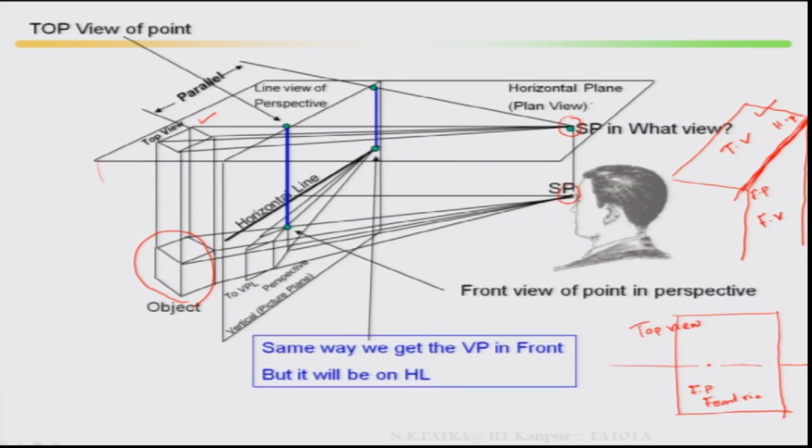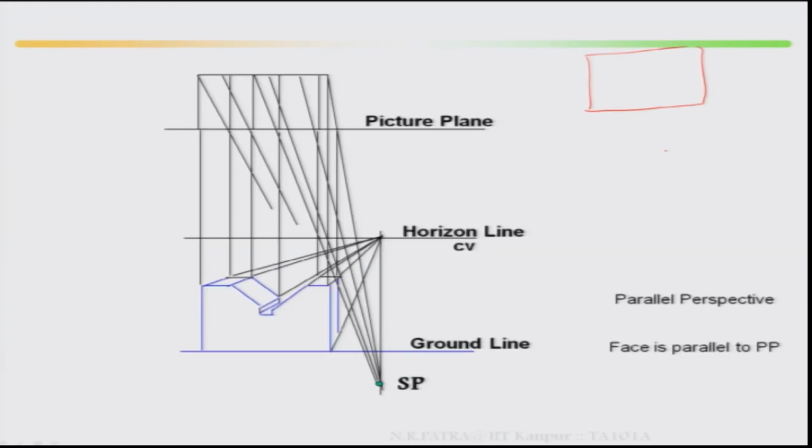If you come here from the picture plane, where is your station point lying? If I rotate it back, the front view may be somewhere else here. So the station point will be varying. Now, ground line, horizon line, CV, picture plane and station point.